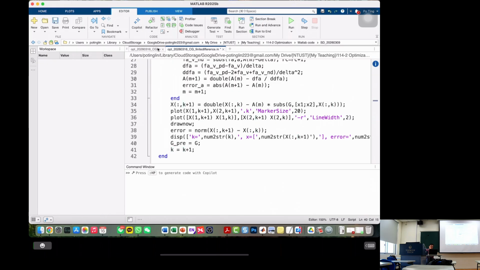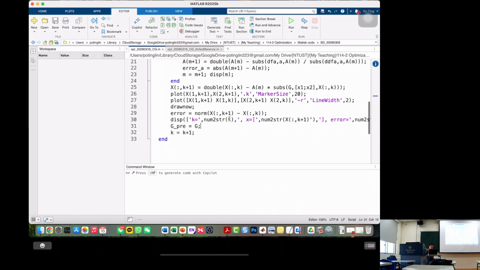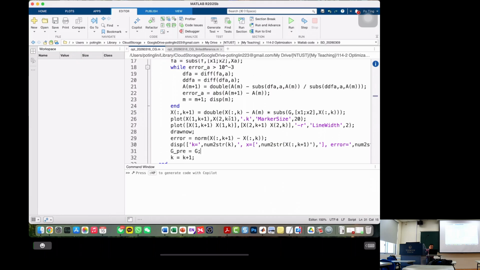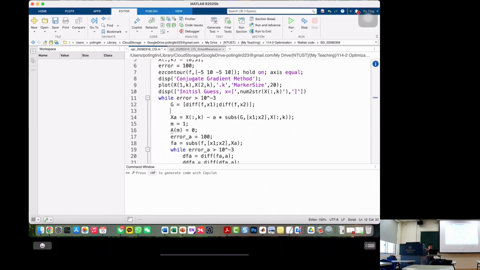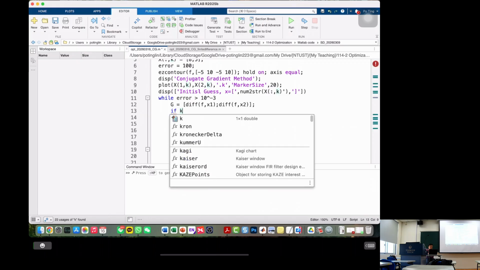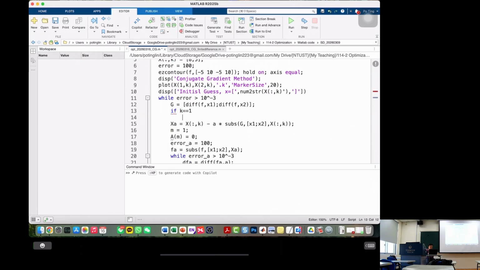Okay, so I'm adding this on both codes. Now, I am going to introduce the d vector. So d, I'm going to say, if k equals 1, then d equals negative g.